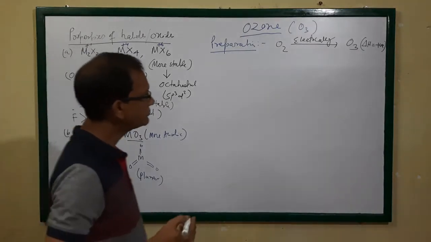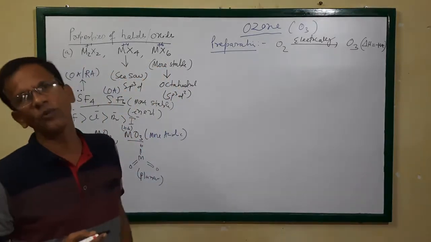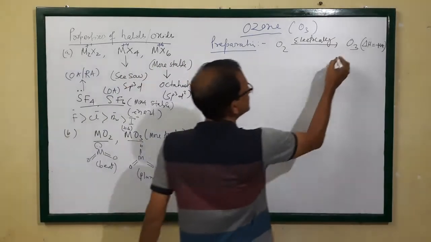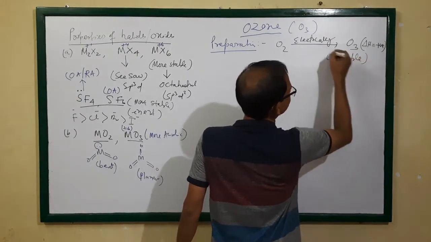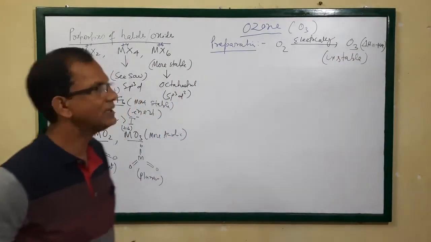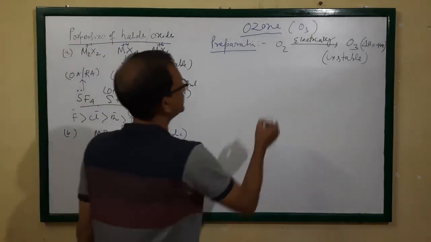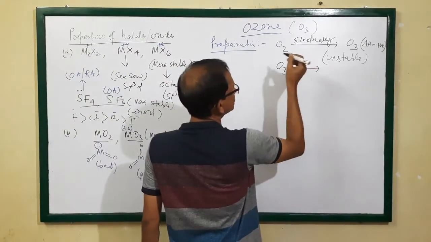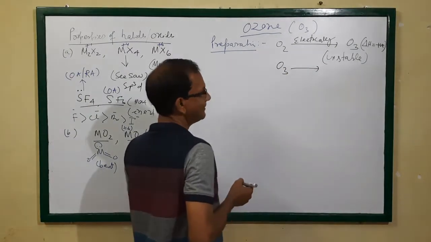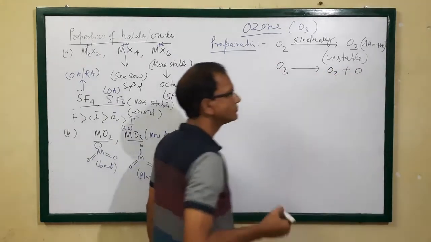And this ozone produced is thermodynamically unstable. Thermodynamically it is unstable, O3. It can dissociate in the presence of light to produce O2 plus O.